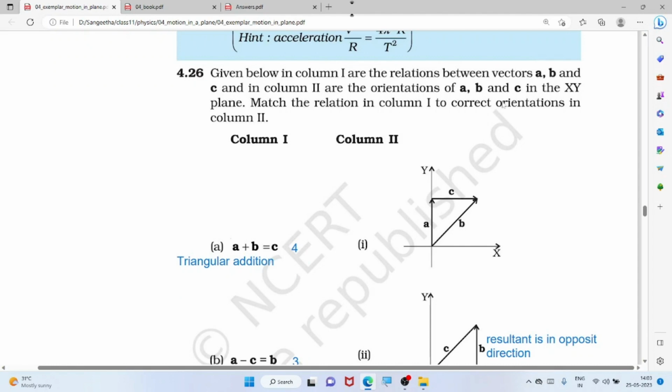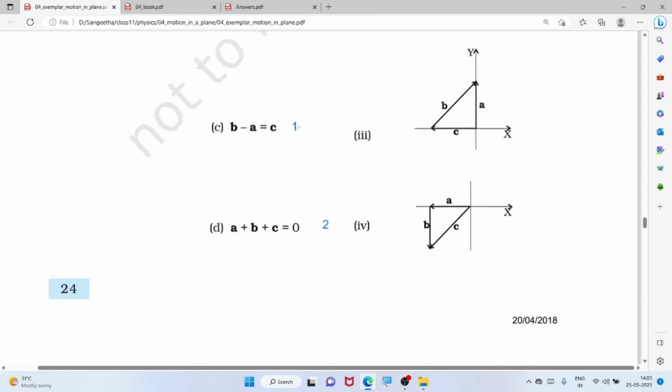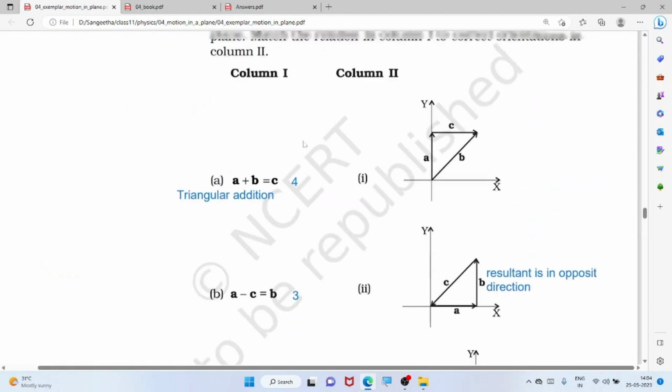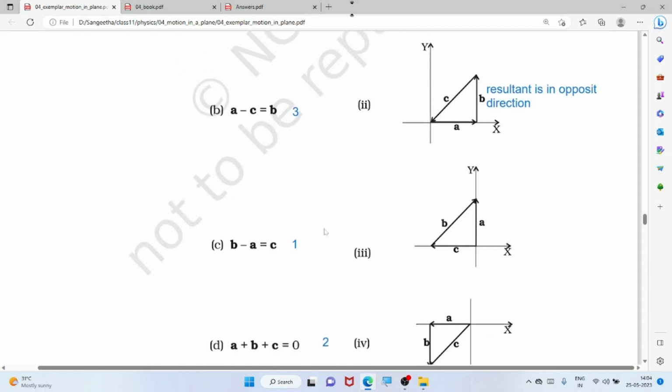Given below is column 1, and we have to match it with column 2. A plus B equal to C. As I said, this is how to add two vectors. From the starting point, the resultant vector should start from the starting point of A, B and the resultant here. This one is correct. Similarly, A minus C equal to B, that is this.